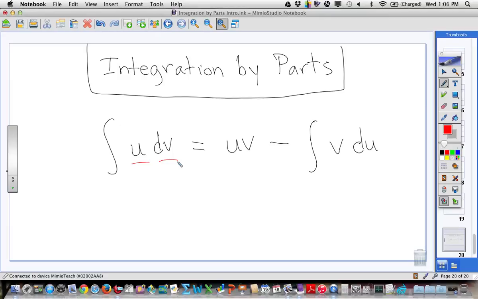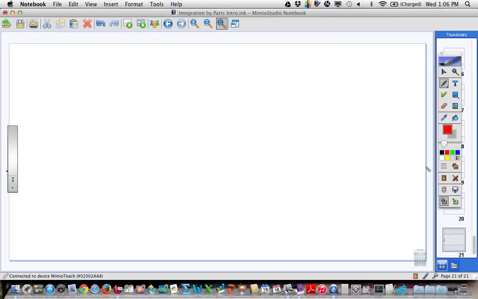So within this technique, you're going to be doing derivative and antiderivative, which is kind of what you did in u substitution also. All right. So our job, when we run into one of these problems, is to figure out what to let u be, which part of the integral should be the u, and which part should be the dv.